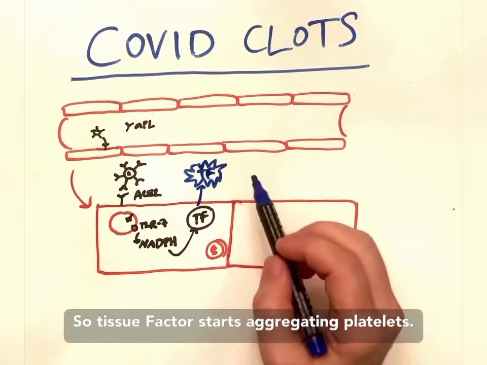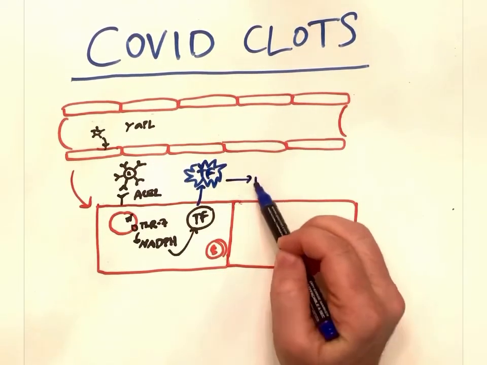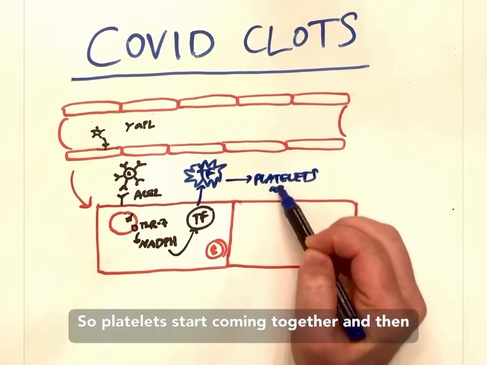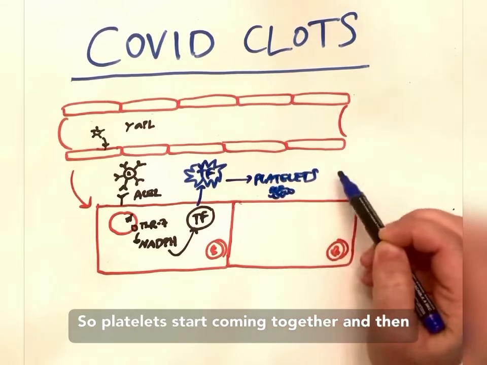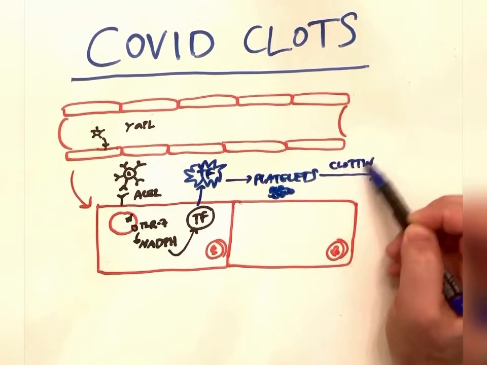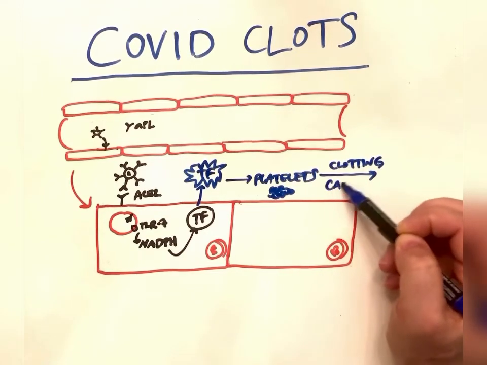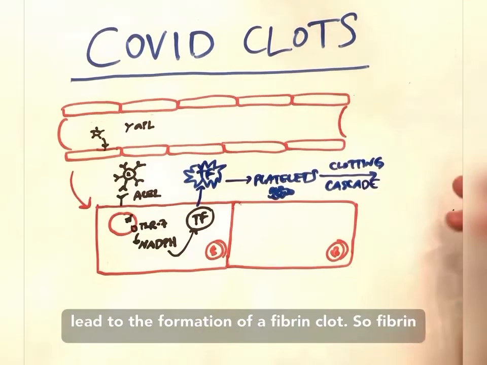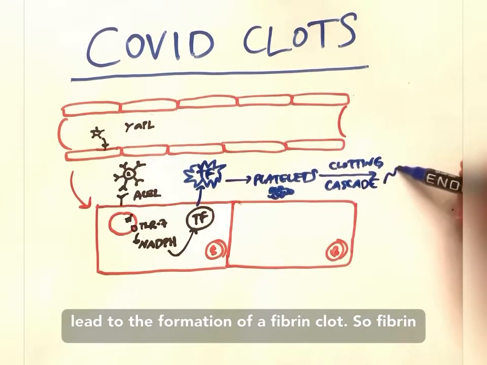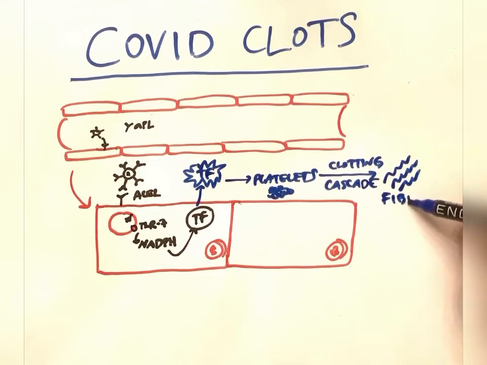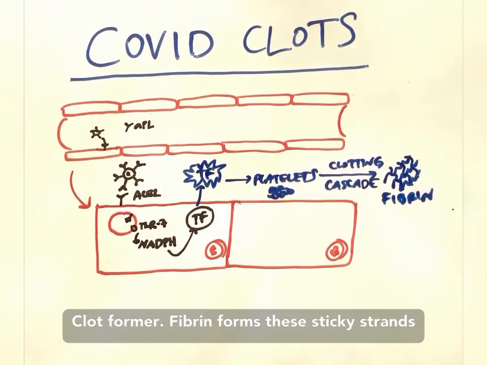So tissue factor starts aggregating platelets. So platelets start coming together, and then there is something called the clotting cascade, which is a complicated series of steps that lead to the formation of a fibrin clot. Fibrin is then the major clot former.